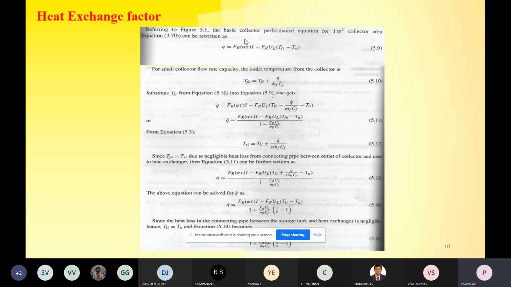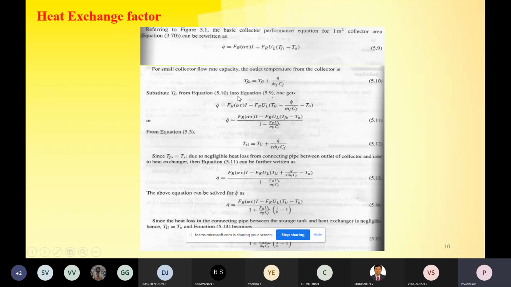So for a small collector flow rate capacity, the outlet temperature from the collector can be written as TFO. When you write the heat transfer rate for a collector, it is inlet fluid temperature minus outlet temperature into heat capacity. So from that, the outlet fluid temperature can be written as this equation: TFO equal to TFI plus Q dot by m dot F CF.